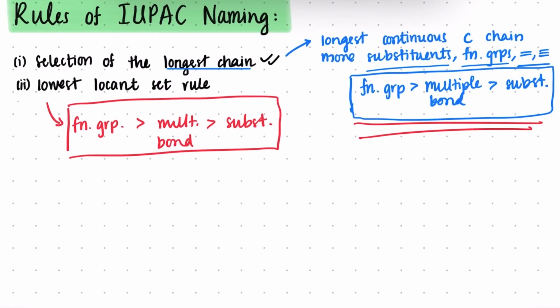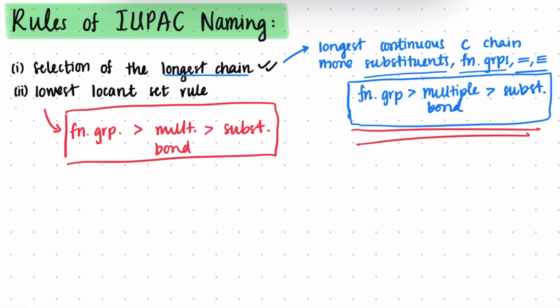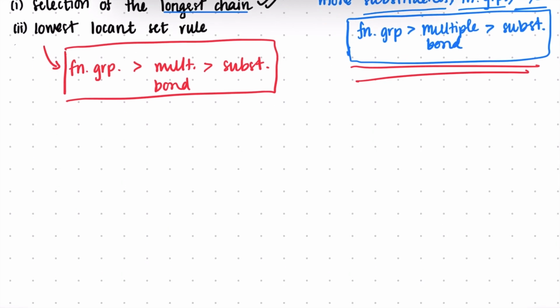And when we're giving locants, we have to follow the same priority order. I don't really know how else to explain this to you other than by example, so we're going to go with an example, okay? So we've got a compound right here.